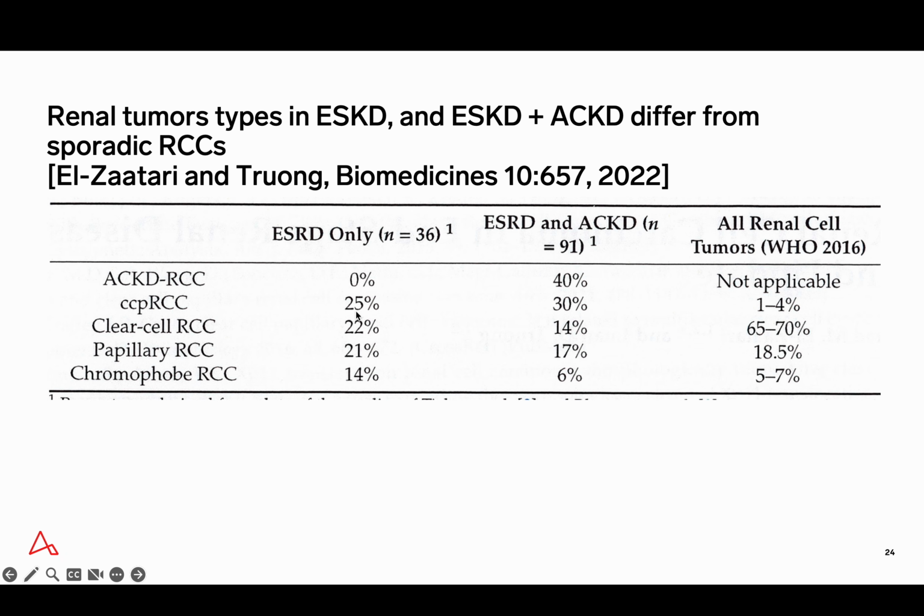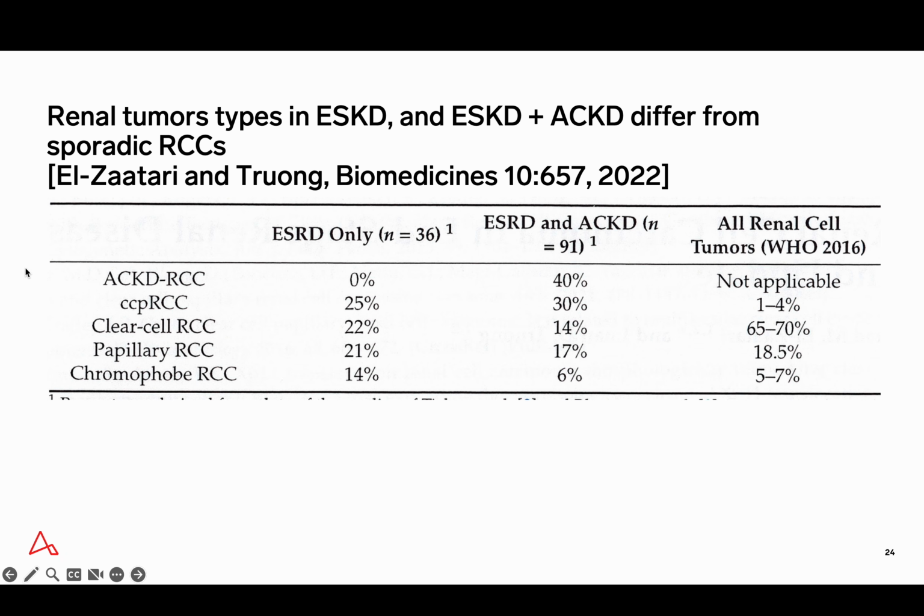Conversely, clear cell papillary renal cell carcinoma, which is referred to now as clear cell papillary renal cell tumor because those tumors have not been shown to develop metastatic disease, so now it's regarded as a benign entity.